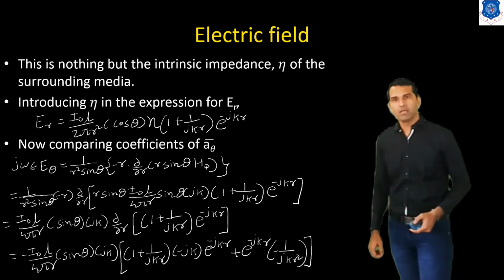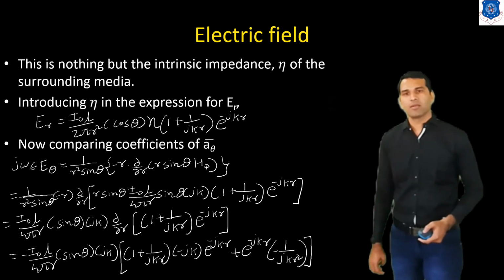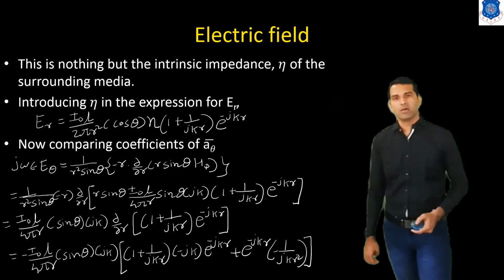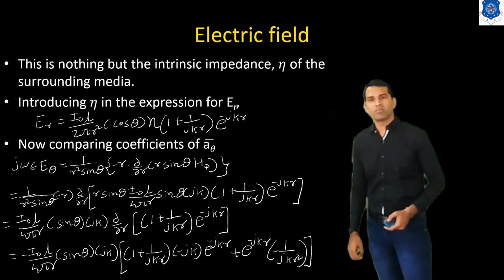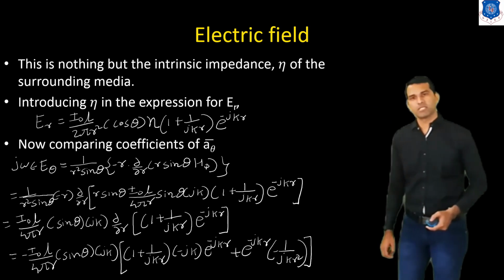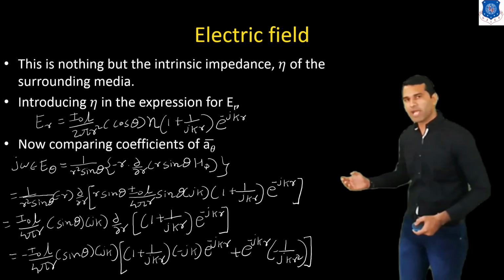So we get I0 L upon 4 pi r sin theta, jk, del by del r of (1 plus 1 upon jkr) e raised to minus jkr. Now we have to solve this derivation, and when we solve it, we get this.